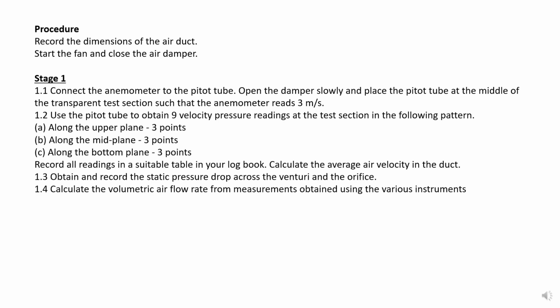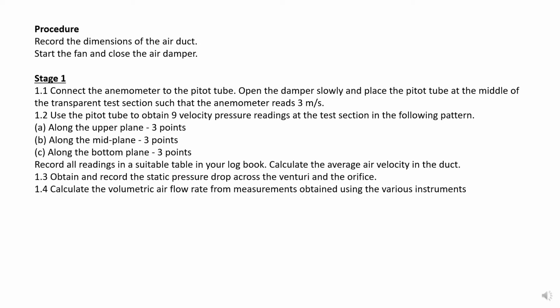Here I'm going to introduce the procedure and the stages of the experiment. The main procedure of the experiment is to record the dimensions of the air duct, then start the fan and close the air damper. At stage 1, you need to connect the anemometer to the pitot tube. Then open the damper slowly and place the pitot tube at the middle of the transparent test section such that the anemometer reads 3 meters per second.